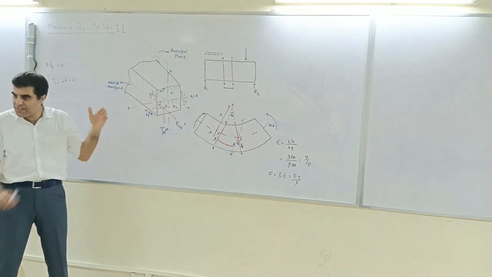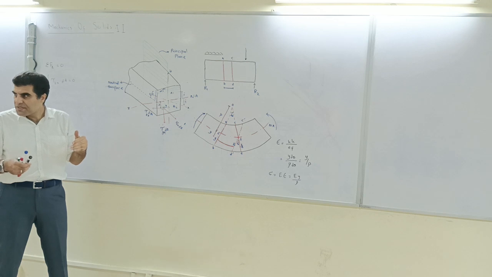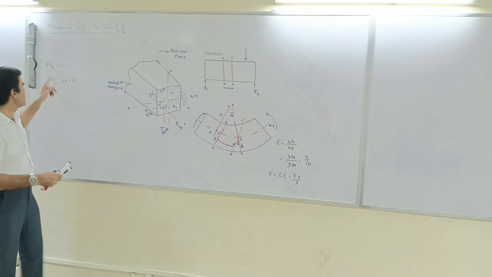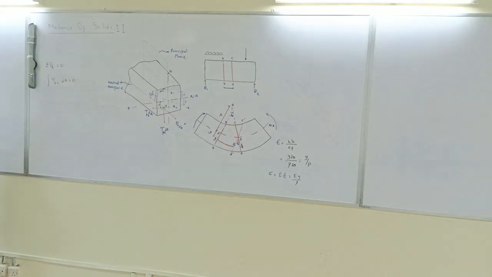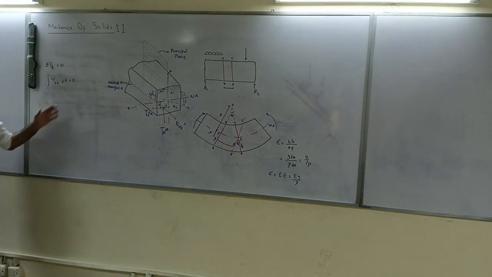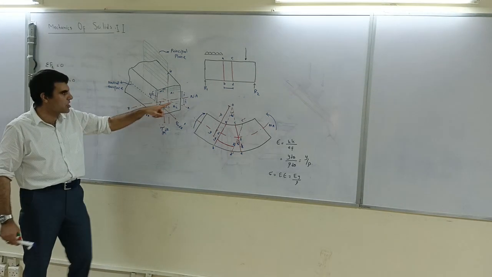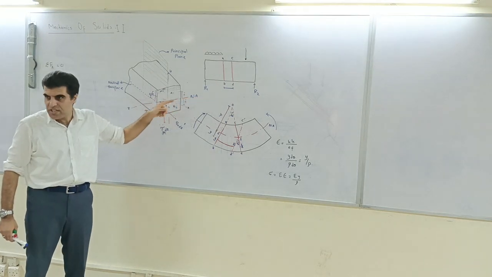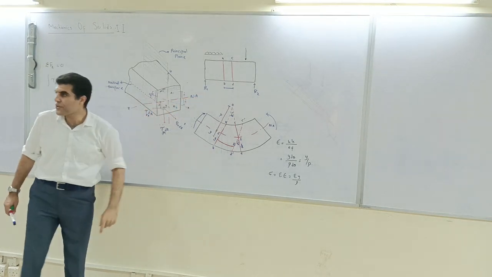It is important. If it's not, then what will happen? You can have the equilibrium condition, summation of Fz, not satisfied. You can see that tau zx, because there is no load in this direction, obviously is 0 by default.